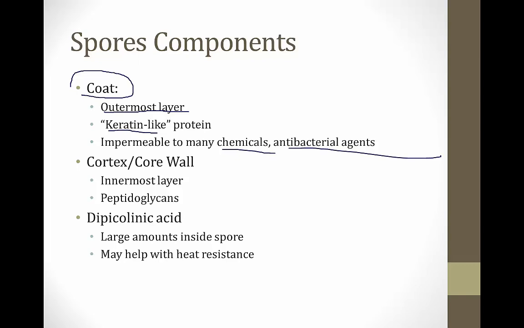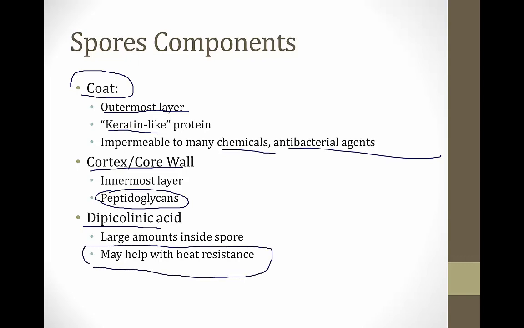Now inside the coat layer is a layer called the cortex, or the core wall, and this contains a lot of peptidoglycans. This is mostly a structural layer. And then one other very important substance found inside the spore is a molecule called dipicolinic acid. There are lots of these found inside of spores, and it's believed that these also help with heat resistance. So make sure you know the components of the spores. This is what allows them to survive for so long in so many difficult conditions.